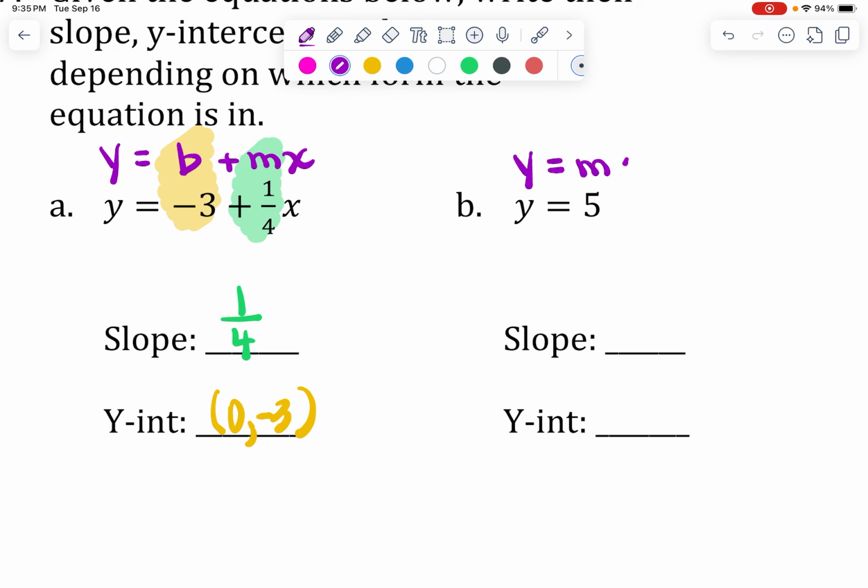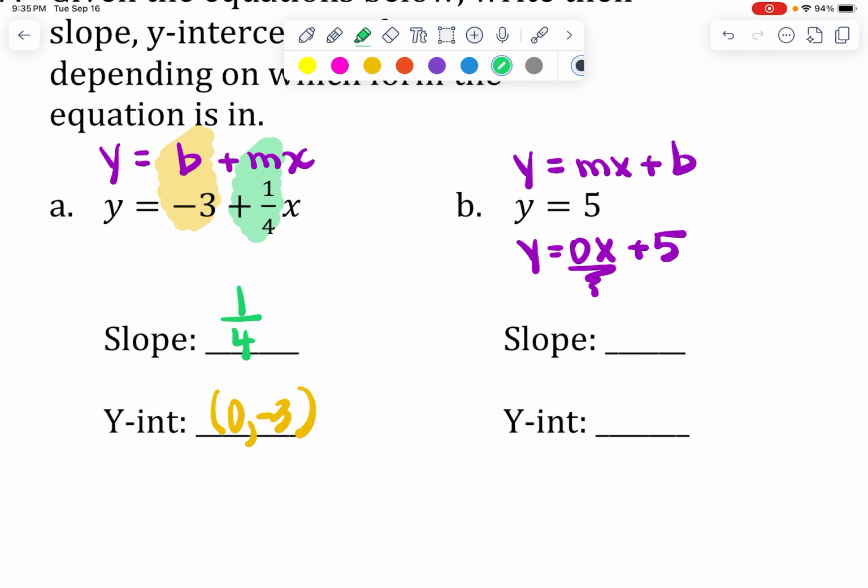Now, it might look like it's not, but it is. It's written in mx plus b form, but you'll notice there is no x term, and the reason why is because the slope is 0. There's no x term because there's a 0 multiplier in front of it, and that makes it redundant to write. Nobody's going to write that.